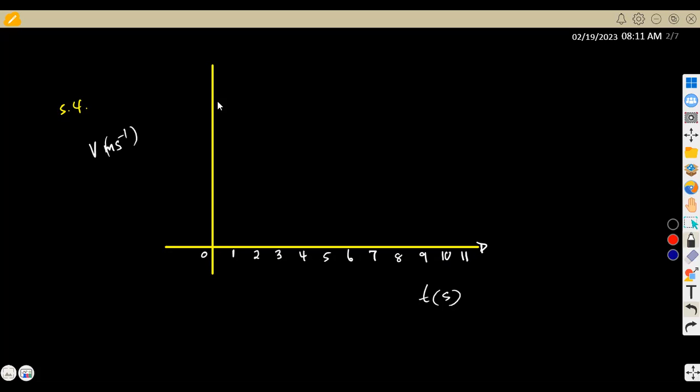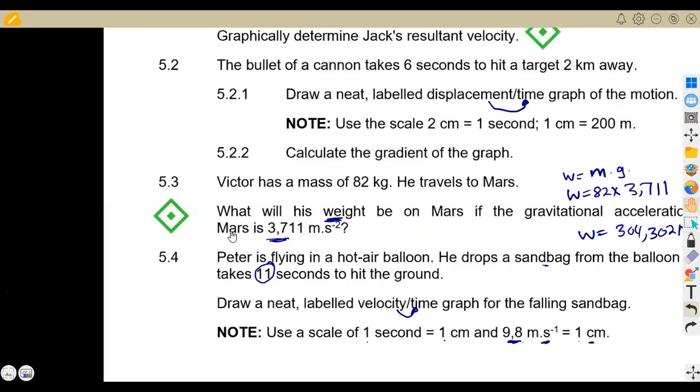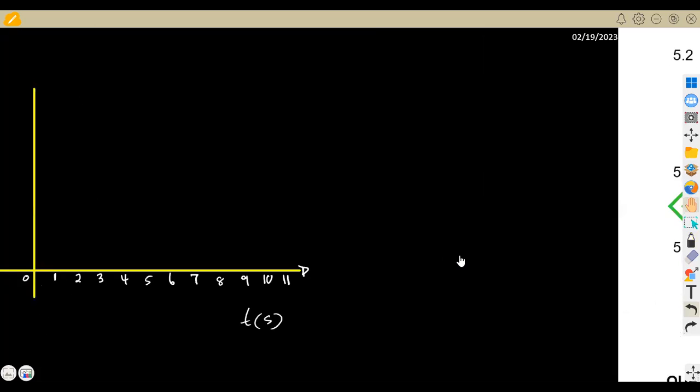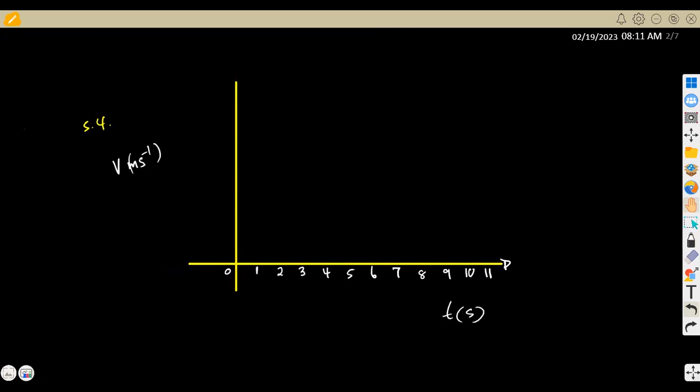Then on the velocity, we are given another consideration that every 1 centimeter is 9.8, so every centimeter is 9.8 meters per second. So you're going to have 1 centimeter here, which corresponds with 9.8. For 2 centimeters, we add 9.8 plus 9.8, which is 19.6.